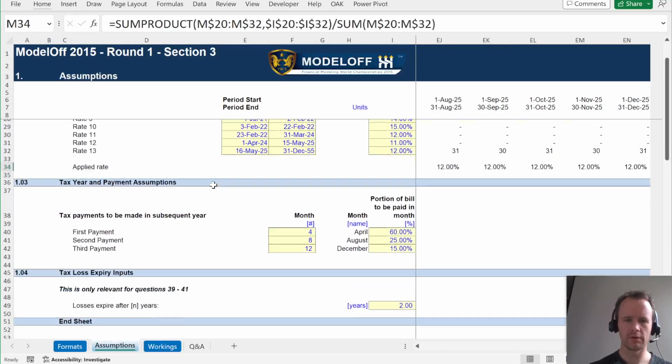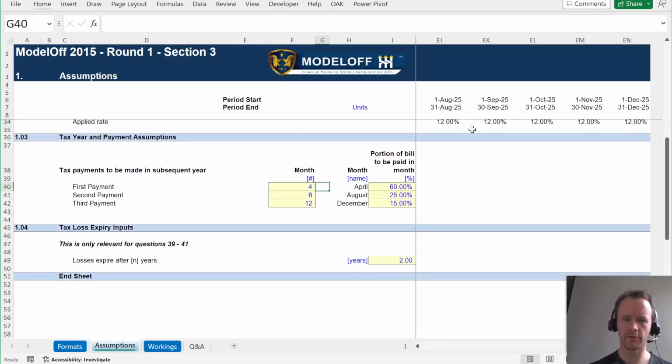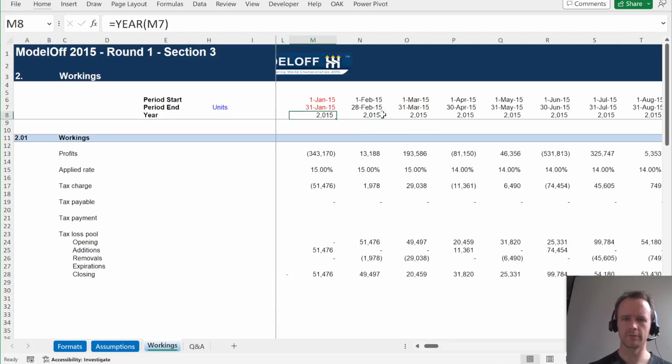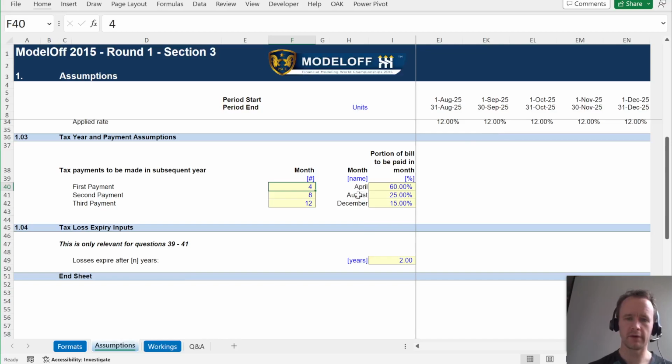So we got in month 4, 60%, in month 8, 25%, in month 12, 15%. So first thing I'm going to do is just add in a year here so that I can deal with that. So first thing I want to do is just work out, am I in a payment month and the percentage.